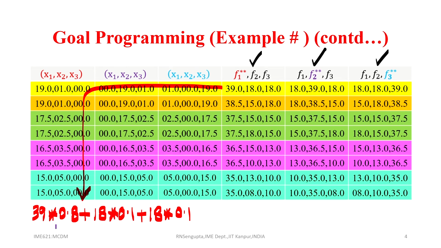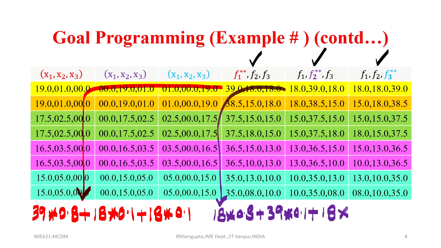here it is 18 into 0.8 plus 39 into 0.1 plus 18 into 0.1. The value on the red and the value on the violet will not be the same, because we are putting different weights.